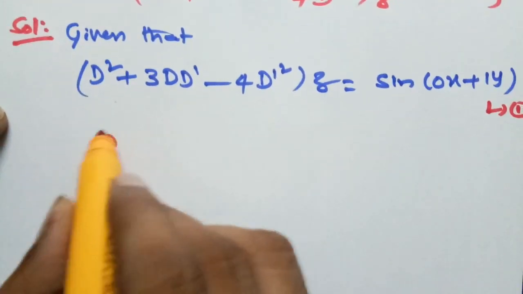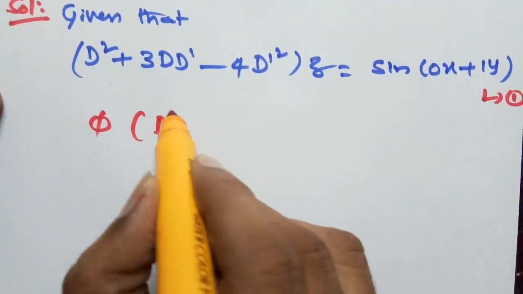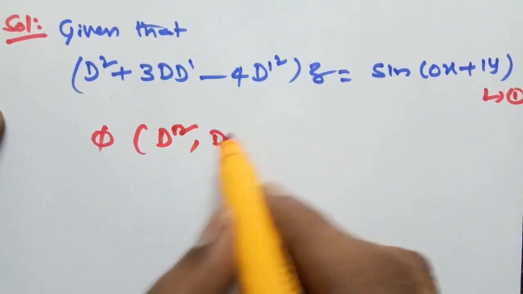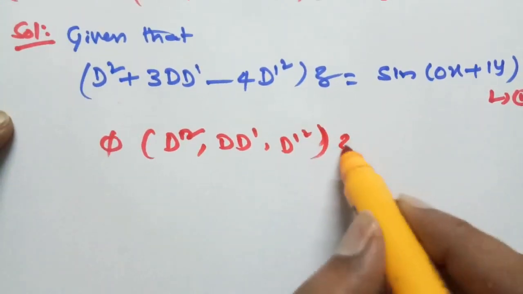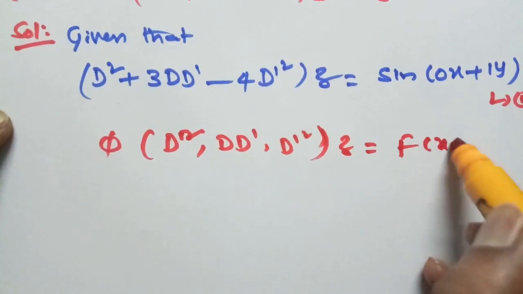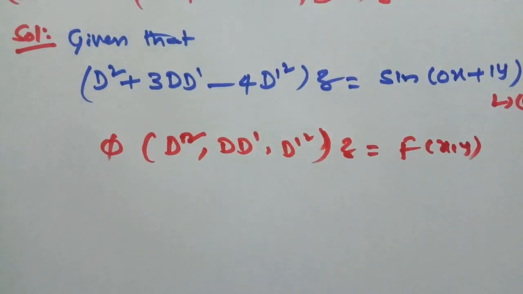This is of the form phi of D square, D dash square, f of x comma y.